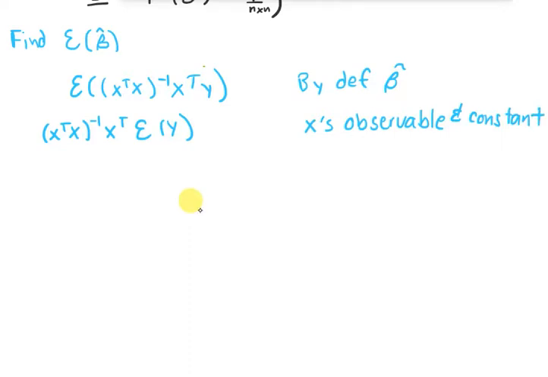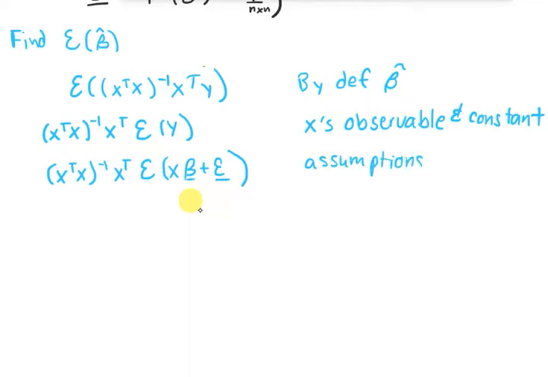Next, we can substitute the y value because we have assumptions about y: X beta plus epsilon. In this case, beta does not have a hat because we assume that it is a specific population parameter. This is by assumptions of y.